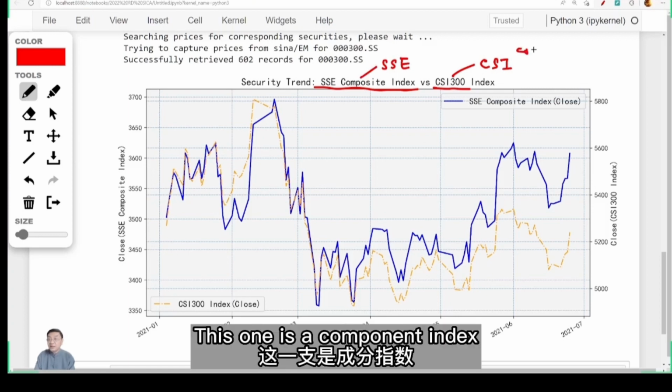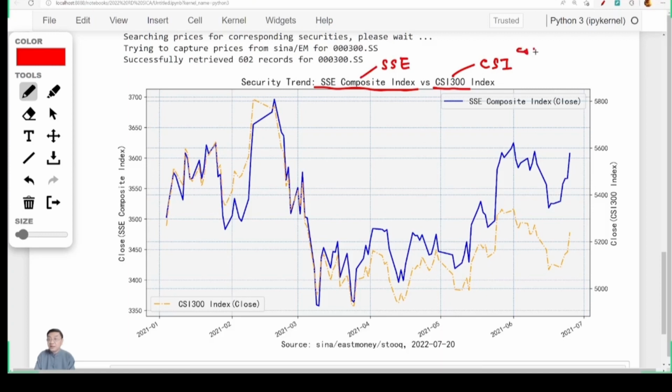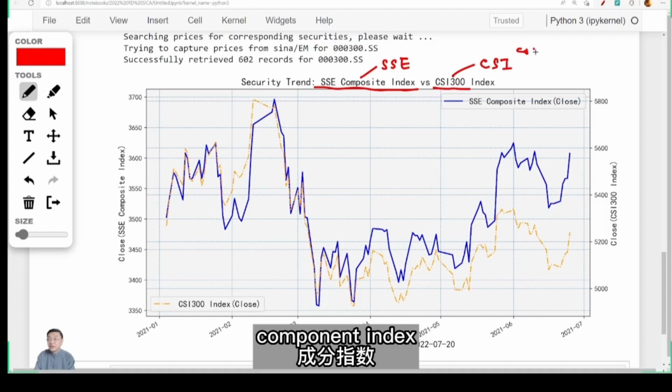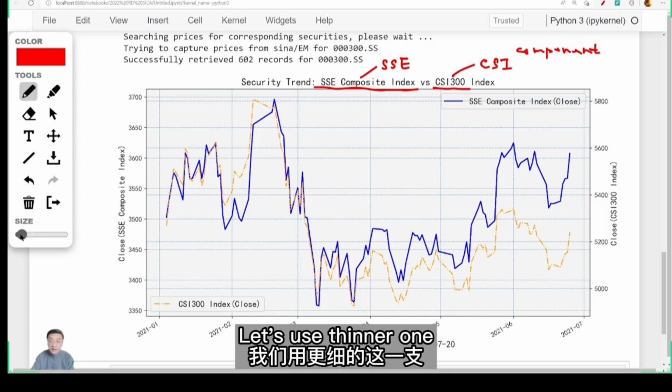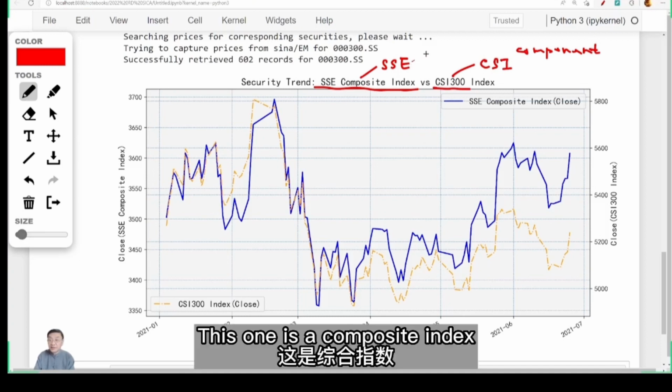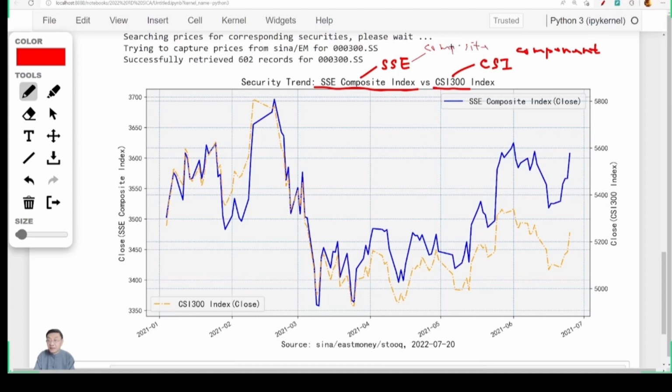This one is a component index. Let's use thinner ones. This one is a composite index.